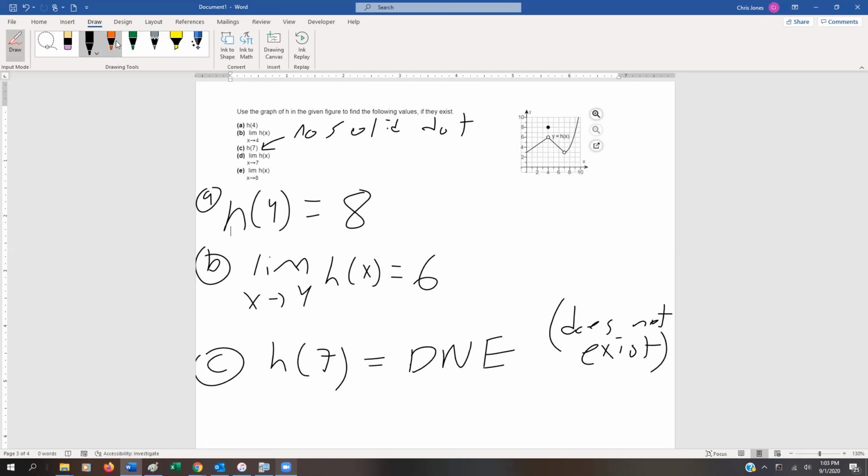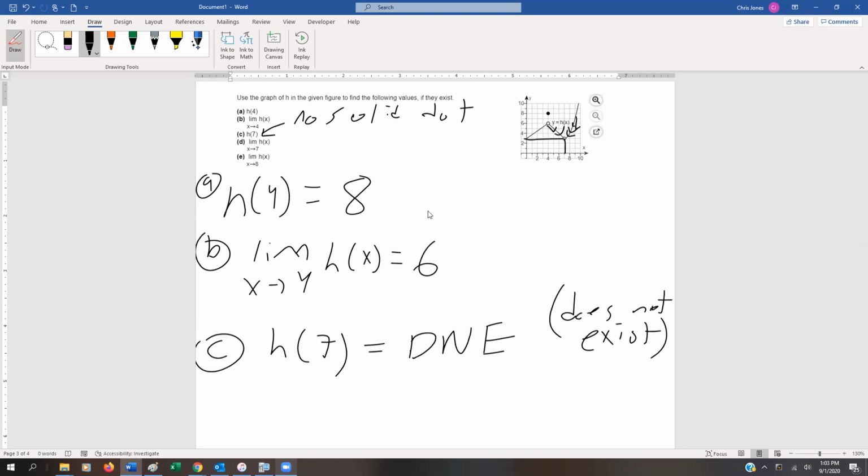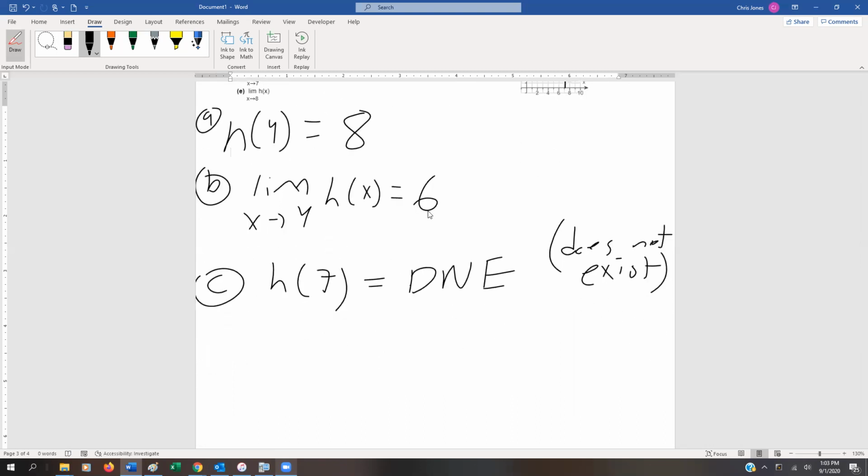Okay. All right. Limit as x approaches 7. We're going to trace from the left side, and we're going to trace from the right side. And notice we're trying to line it up at 7, and it looks really nicely like it's going to be equal to 3. So the limit exists even though the function value does not exist, which is actually indicative of the very first example we looked at. So the limit as x approaches 7 of h of x is going to be equal to 3.